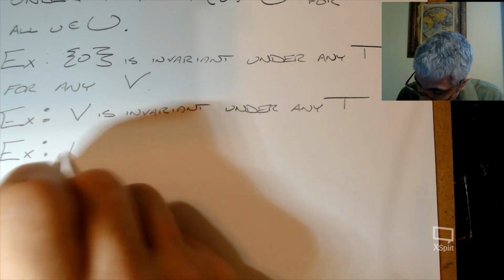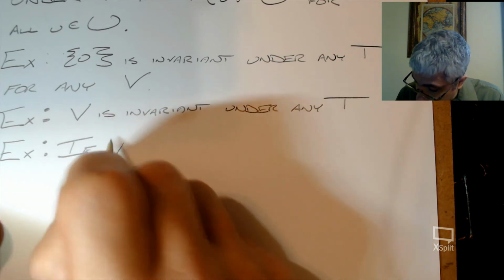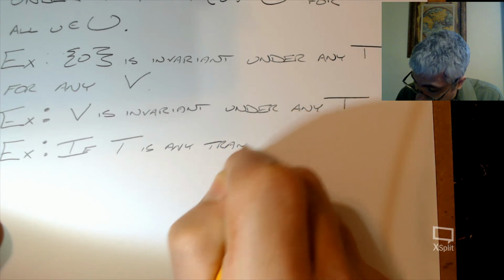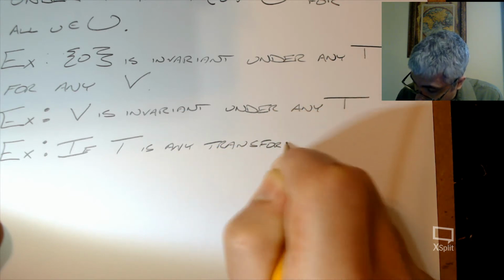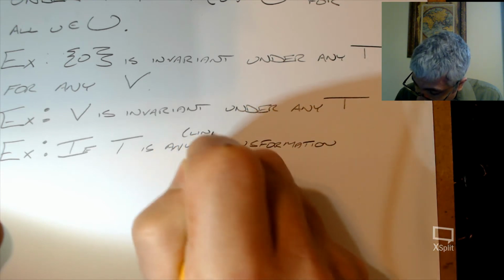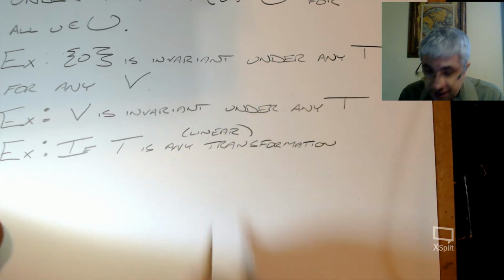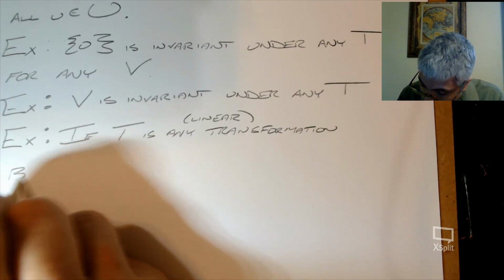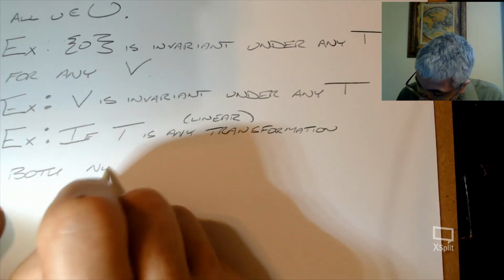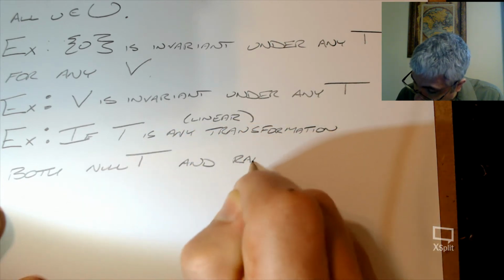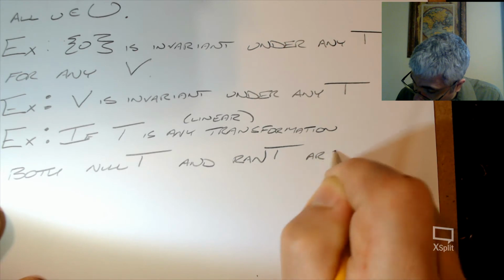So if T is any transformation, I'll say linear. Of course, all of this is linear. These are the only types of maps we're discussing. T is any linear transformation, both the null space of T and the range of T are invariant.